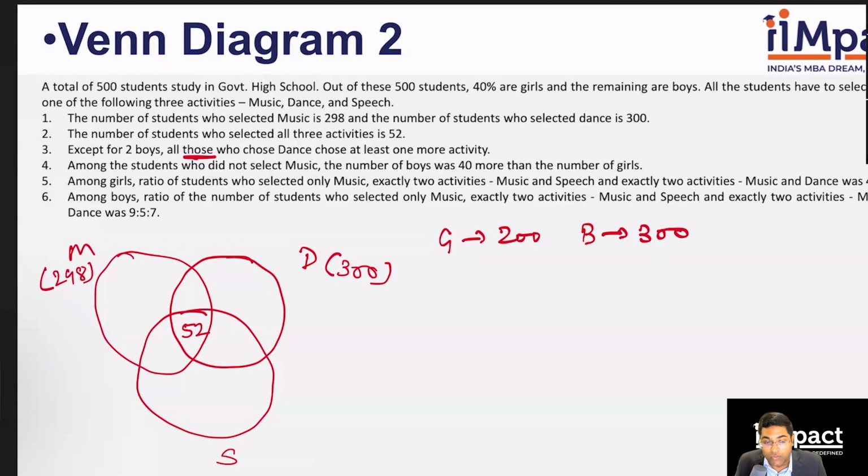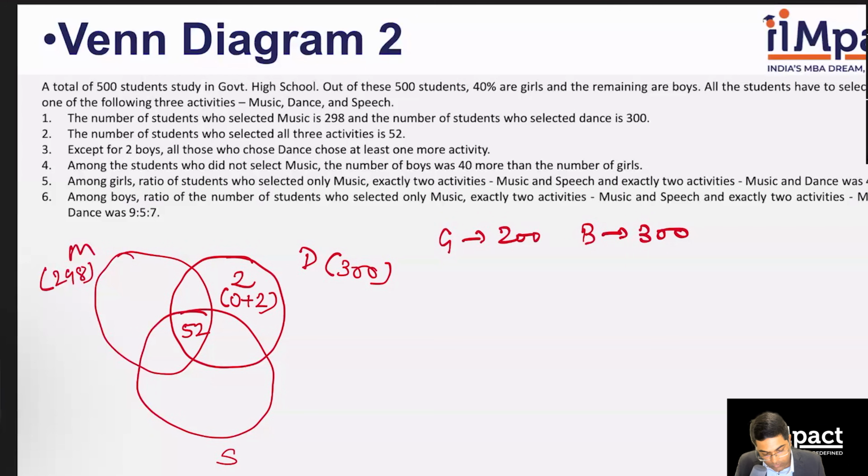Don't assume. If it were, they would have mentioned that among the boys, except for two, and so on. So this clearly tells us that there are only two people who have taken only dance, and those are boys. So the first variable is girls in this bracket, the second variable is boys. That's what I'm trying to maintain over here.